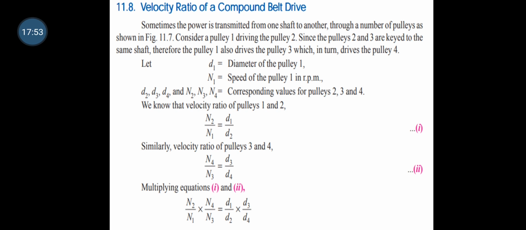Call it equation number 1. Similarly, for the third and fourth pulleys, N4 divided by N3 is equal to D3 divided by D4. It is equation number 2. Multiplying equations 1 and 2, we get N4 divided by N1 is equal to D1 into D3 divided by D2 into D4.